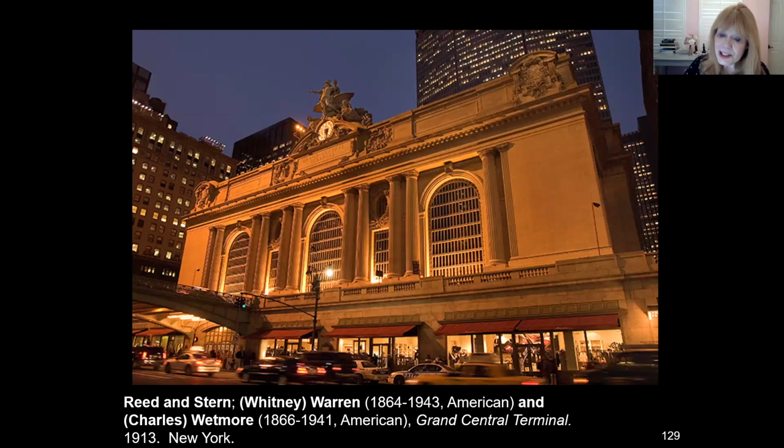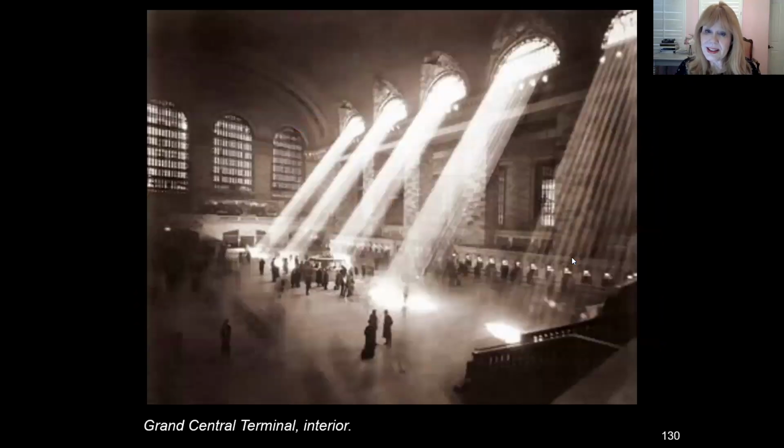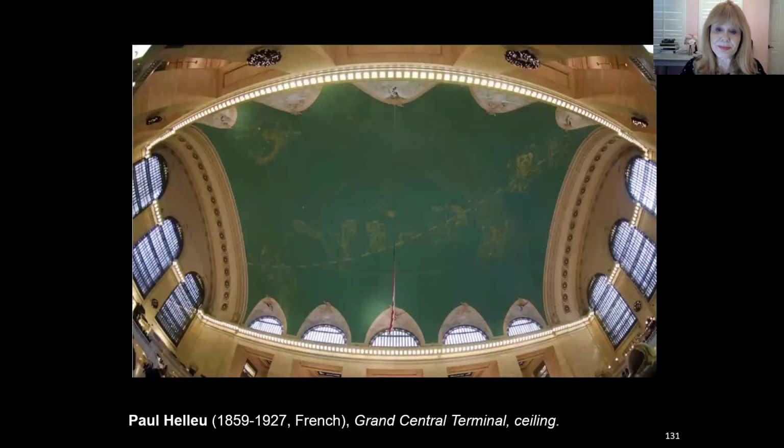The interior of Grand Central Terminal has the ceiling that at first looks like the astrological signs, but there's more of a story behind this. This is a beautiful old image where all of the light is coming in. We nearly lost this, like Penn Station, but Jacqueline Kennedy stepped in and made sure that this was preserved.